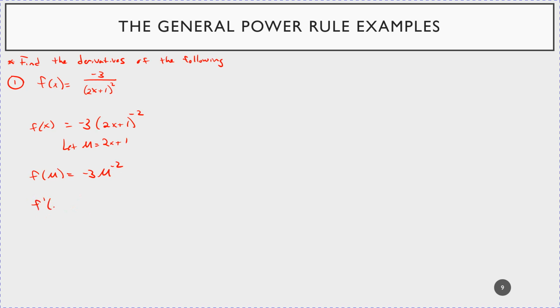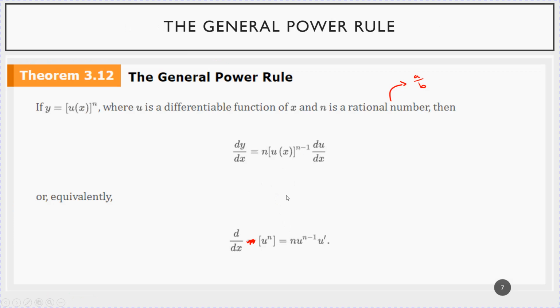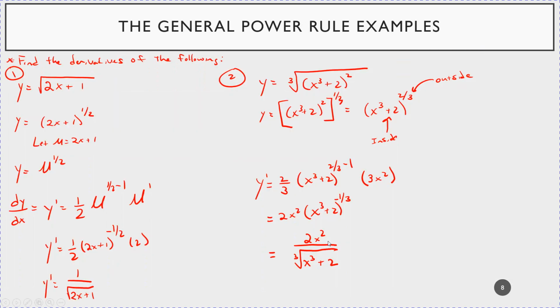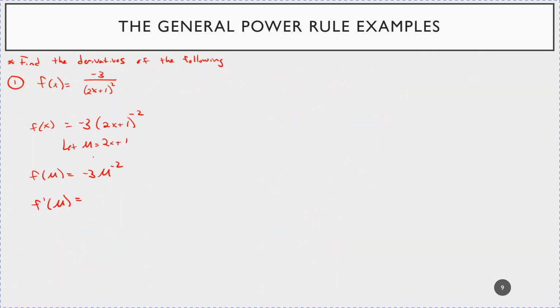So f prime of u is equal to, just going back, watch, all right? Even here, f prime of u, so you take the derivative, evaluated at u, times u prime. Right. So just apply the power rule. So this is -3, bring the -2 down, and then you have u to the -2 minus 1 times u prime.